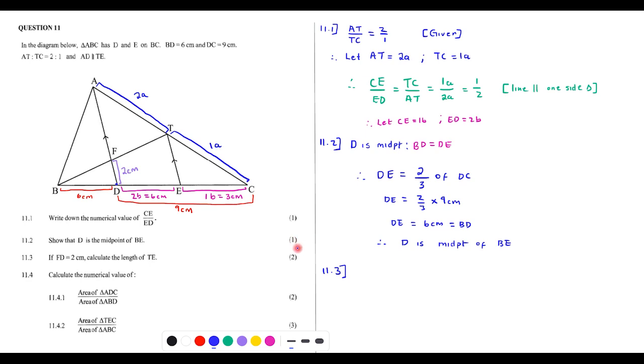So to find the length of TE, we're told that FD is 2 centimeters.